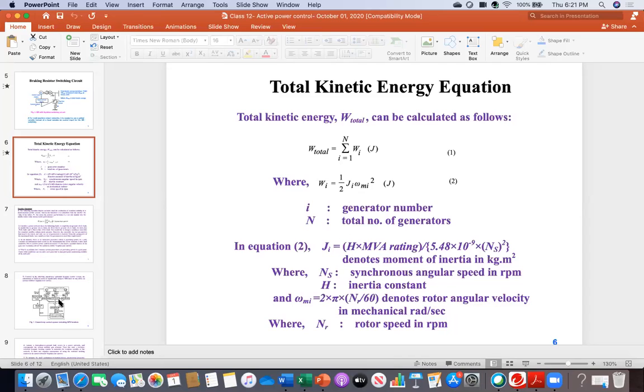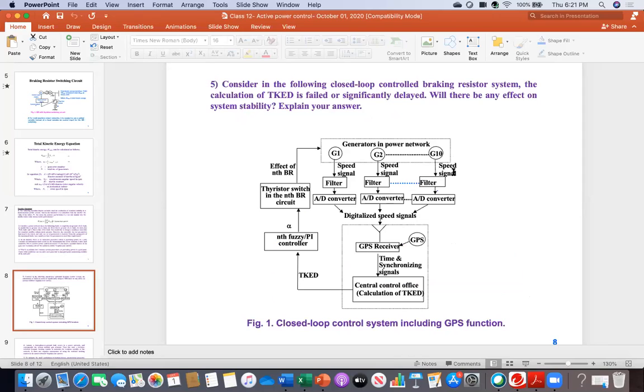So now you need to capture that speed information, the angular velocity. That's why from every generator you see a speed signal coming. First they are processed through a filter. Why is the filter used? To remove any noise, any impurity, any oscillation or ripple in those analog signals.